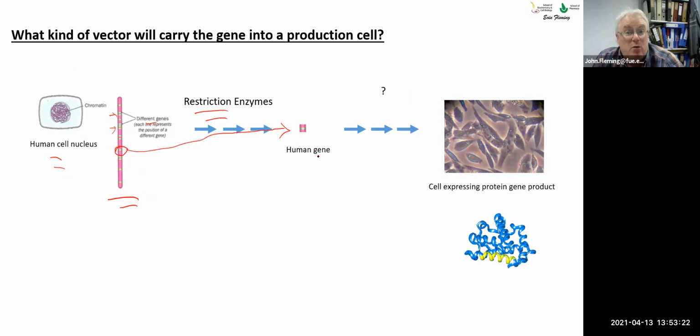So now we have the nucleic acid sequence that codes for a human gene. The question is, if we want to make the protein that is encoded by this gene, how are we going to take it and put it into a cell in order to get that cell to make our protein of interest?